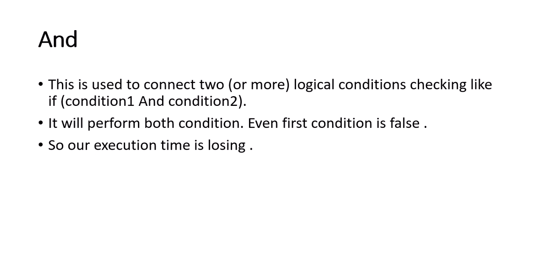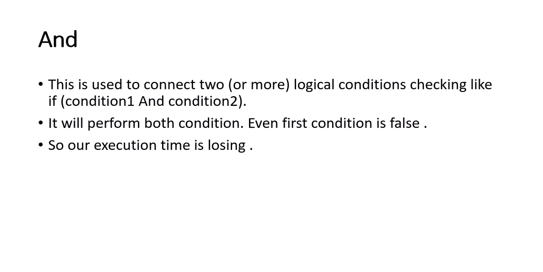For example, if you have an employee table and you want the names of all the employees who are from the IT department and whose salaries are greater than 1 lakh. In that case, you can put this condition with the And operator, like where the department name is IT and the salary is greater than 1 lakh.